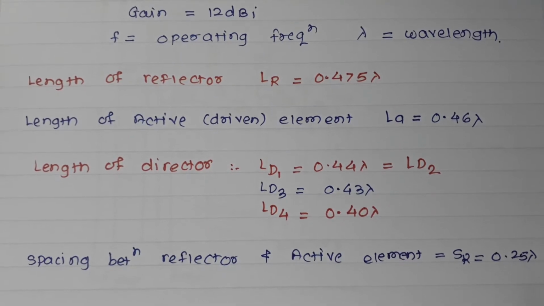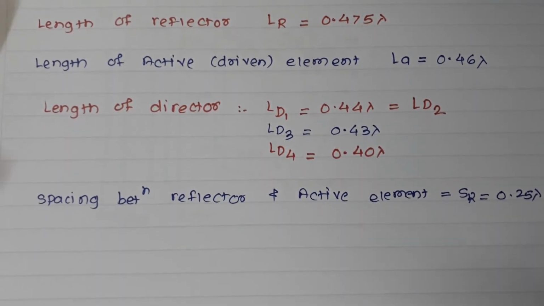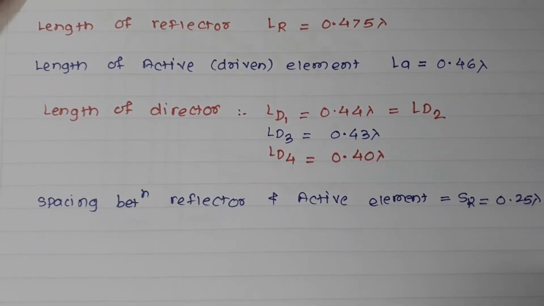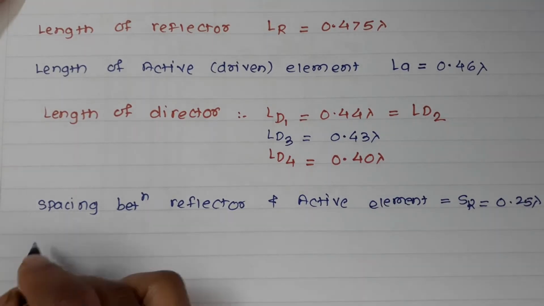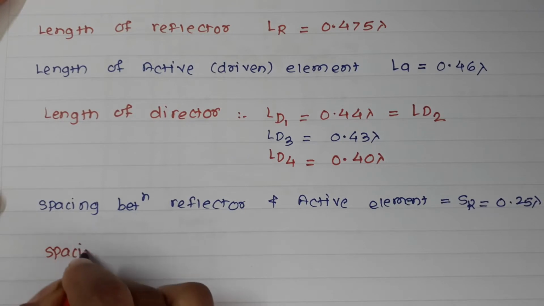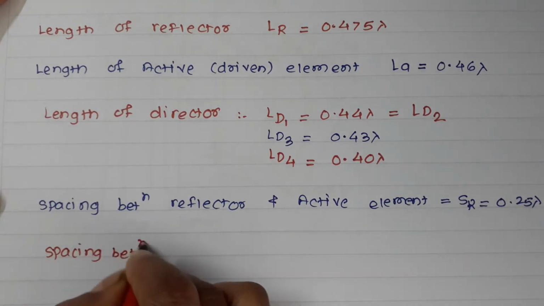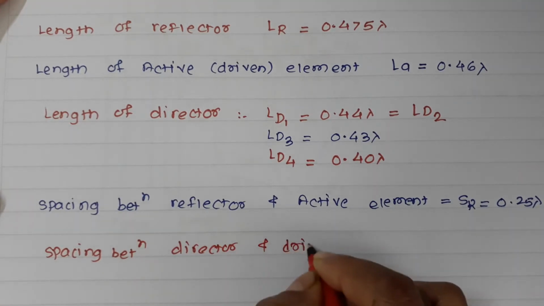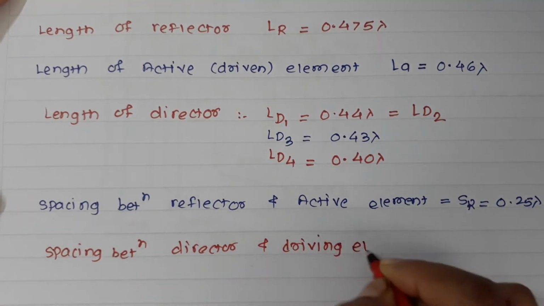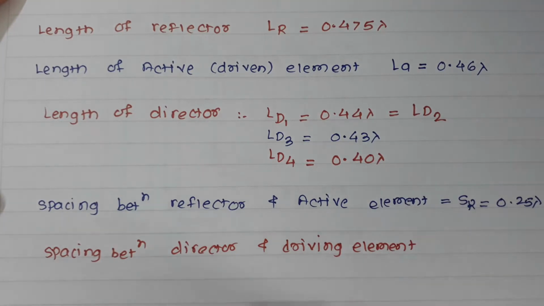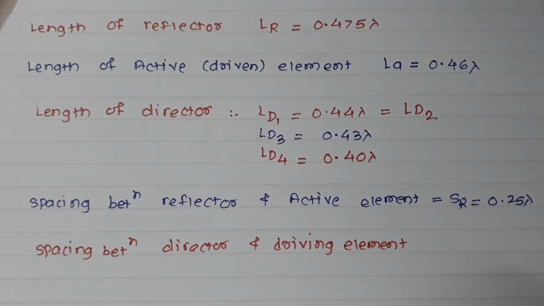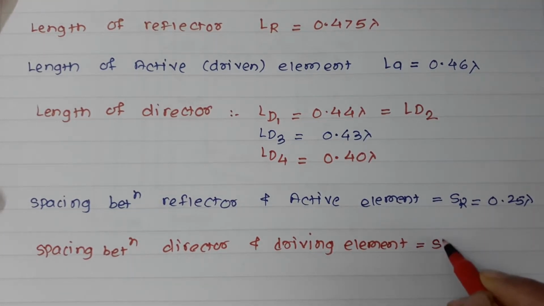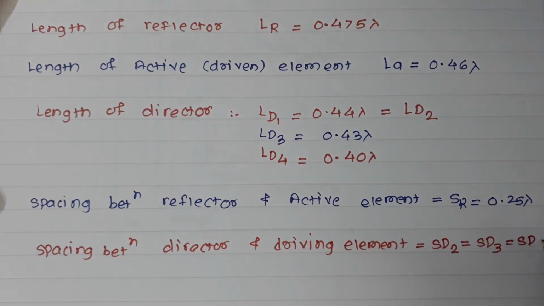Now we need to design the spacing between the director and the driving element. The spacing which we keep between the director and the driving element, the same spacing we are going to keep between two directors. So SD2, SD3 is equal to SD4.